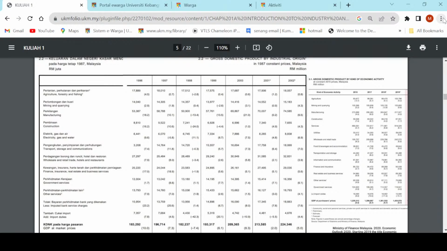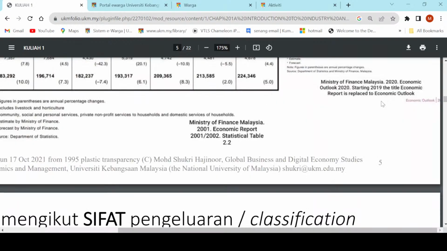So let me read you what I noted here. Since 2019, the title of this report has been replaced by a new title, Economic Outlook. So this book, in the past, up until 2018, was named Economic Report.